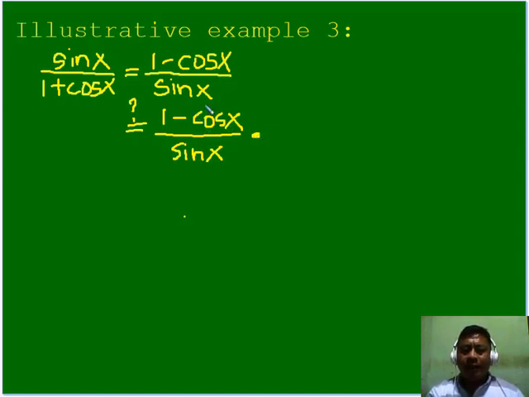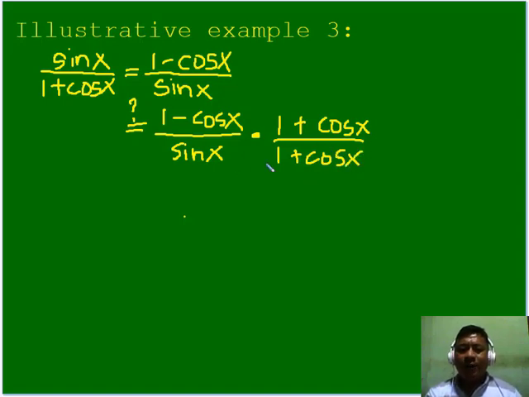So that the expression remains unchanged for the right side of the equation, we multiply both numerator and denominator by the conjugate of 1 minus cosine x, which is 1 plus cosine x, over 1 plus cosine x. Take note, 1 plus cosine x over 1 plus cosine x is just equal to 1.